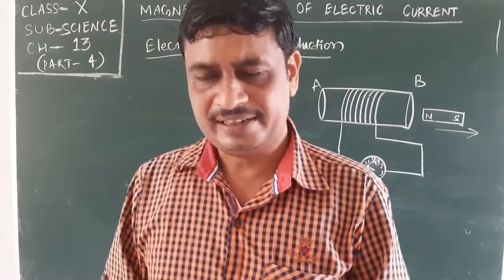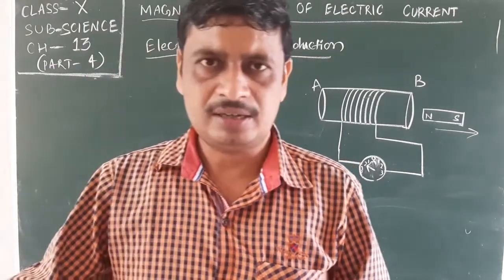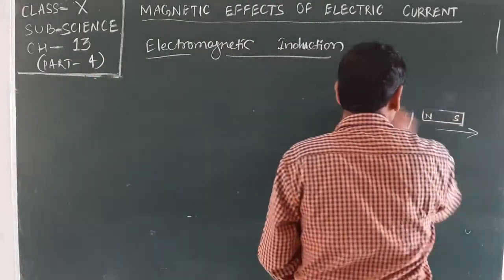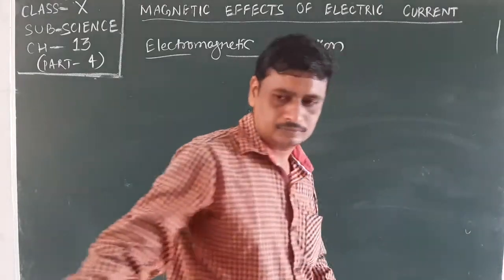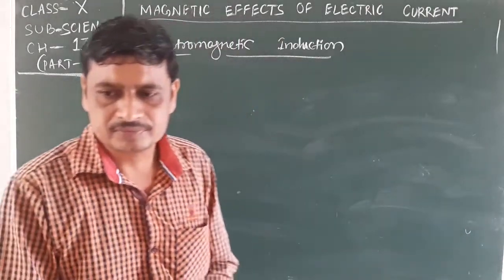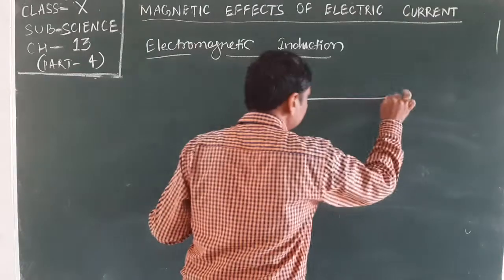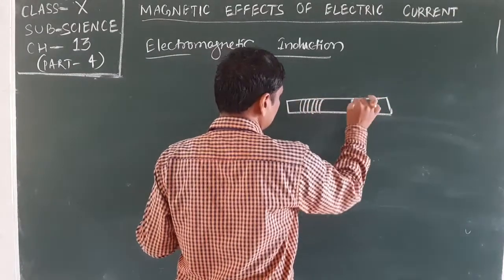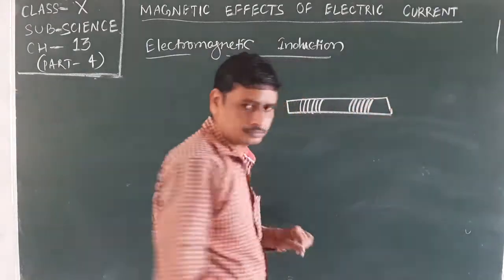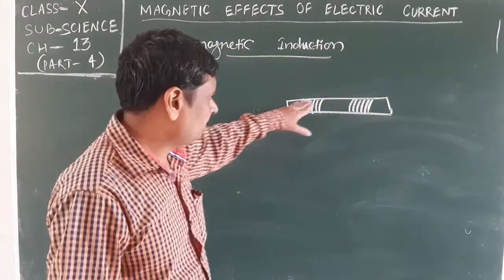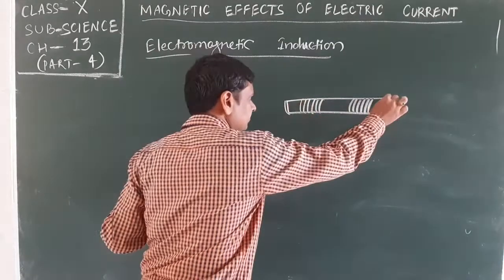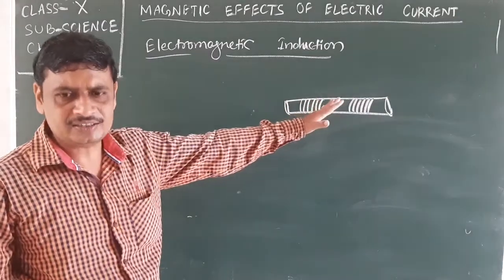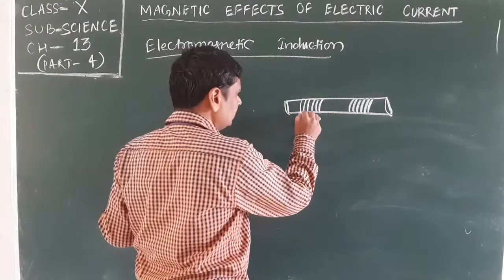Next, we will do one activity and observe how current is induced. Let there be two coils, made on a wooden plate or a cylindrical wooden plug shell.